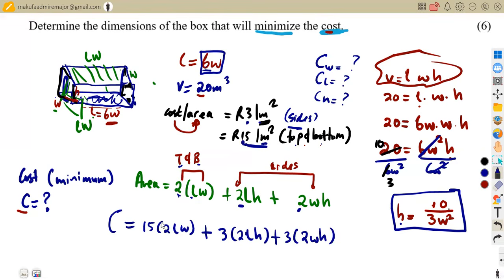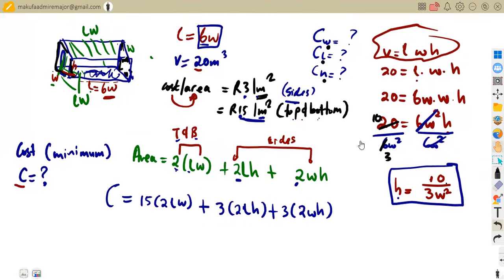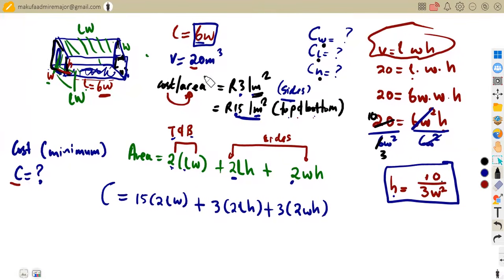This is supposed to be an expression for cost, but like I said, this expression cannot work because it has a lot of variables. We've got length, we've got width. We are supposed to write either in terms of width, in terms of length, or in terms of height. So all we need is to substitute whatever we have that can be written. If we check, we have got our length in terms of width.